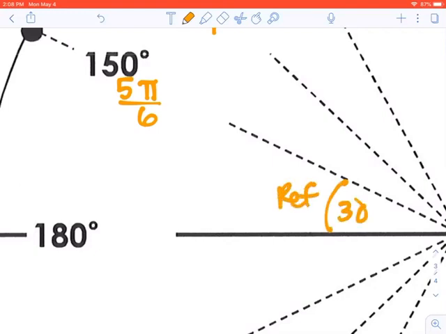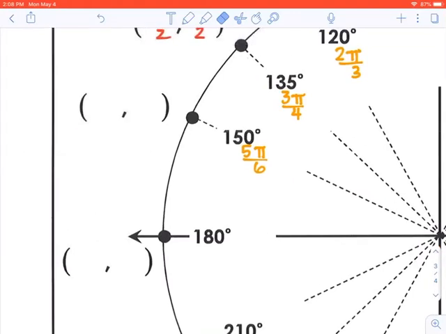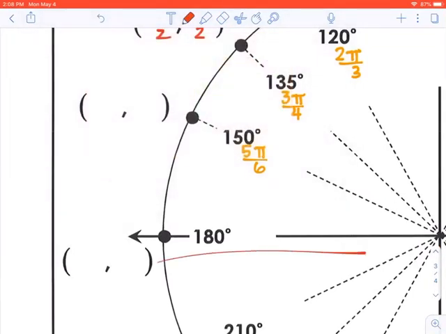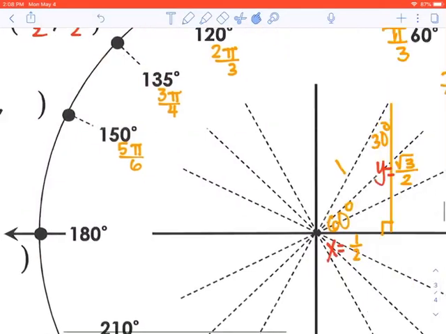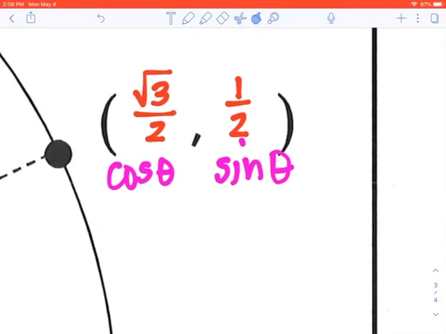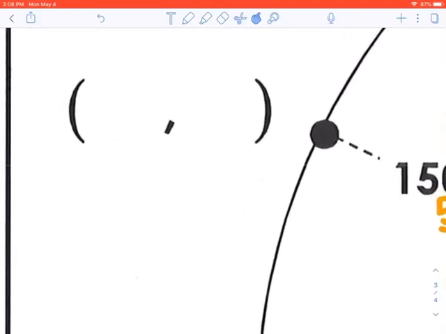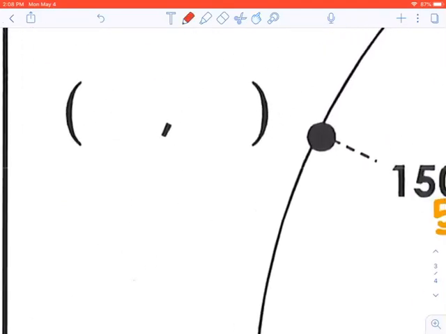Okay, and so again, this is a 30-degree reference angle. I went 150 degrees, and then to get to 180 here, I have to go 30 degrees. So the reference angle is 30 degrees. That tells me that my point is going to be the same as my 30-degree angle. My 30-degree angle here is root 3 over 2, 1/2. So for 150 degrees, it's also going to be root 3 over 2, 1/2.